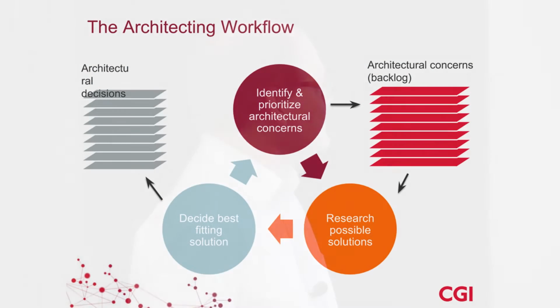And then you can actually add some of the products that you are making in that workflow also. Like the result of identifying and prioritizing architectural concerns is your backlog of architectural concerns. And this is something quite different from a product backlog, by the way. But we're using the same mechanism because backlogs make it easier to deal with change.